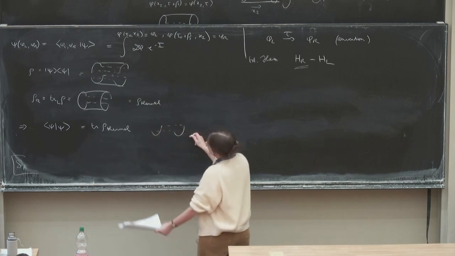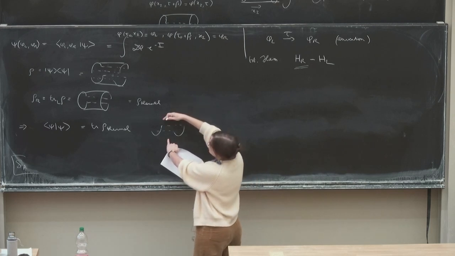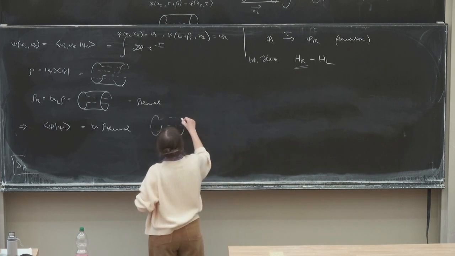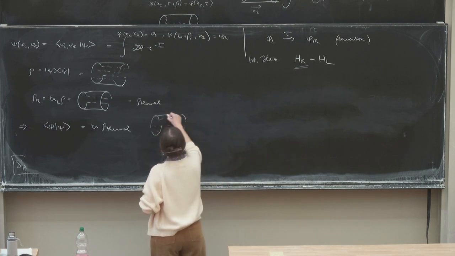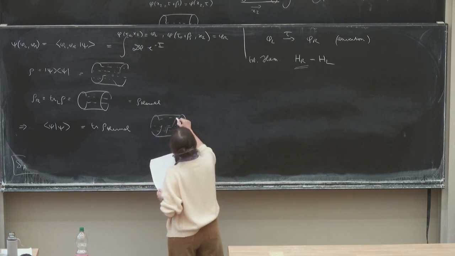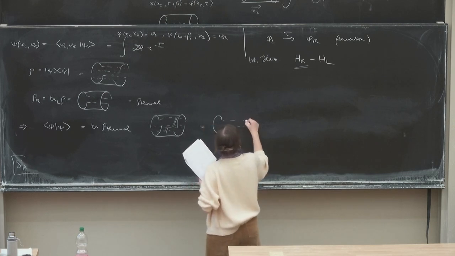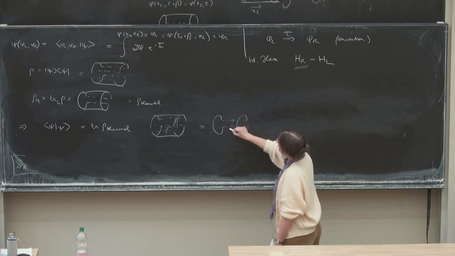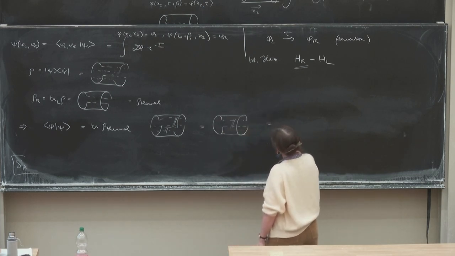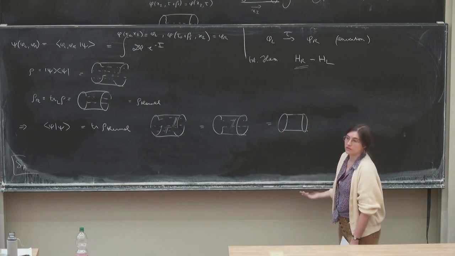So in picture form, this is the following statement: the norm of psi is taking psi and then its bra image and gluing them together. So it's gluing this together, gluing this together. That's equal to taking the thermal density matrix and only gluing this together, because both of those gluings will result in the same cylinder, okay?